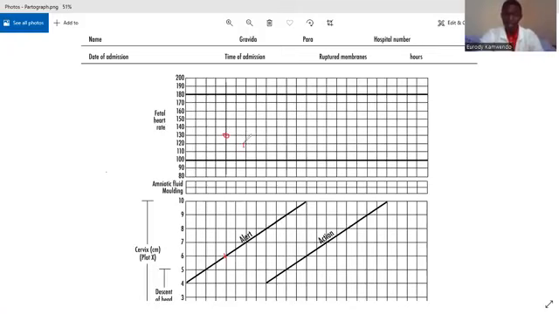You record it like that and continue recording until the baby is born, and you then join these dots with lines to see how the fetal heart rate has been moving from the time of admission until when labor is ready to be completed. So in terms of the fetal heart rate, you need to plot it in that particular manner as well. You need to listen for the fetal heart rate and then plot it on the partograph.